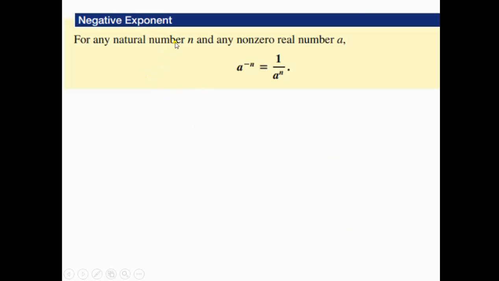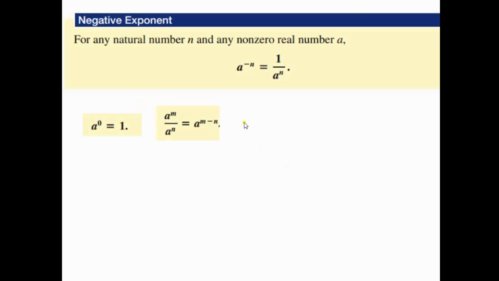So if we got a natural number n and any non-zero number a again here, we take a to the negative power of n, that is equal to 1 over a to the n. To explain this, we're going to draw on a couple of rules we've talked about so far: the quotient rule and the zero exponent rule.